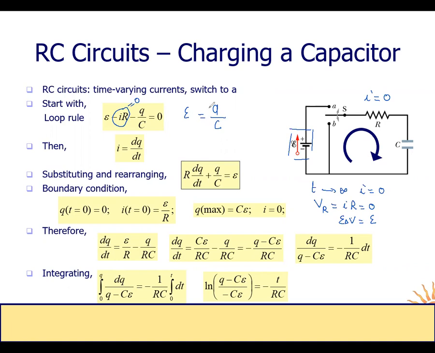We have only the voltage at the capacitor equal to the voltage at the battery. In this case, we don't have any voltage at the resistance. Okay, so we can calculate the voltage of the battery, which is equal to the voltage at the capacitor.